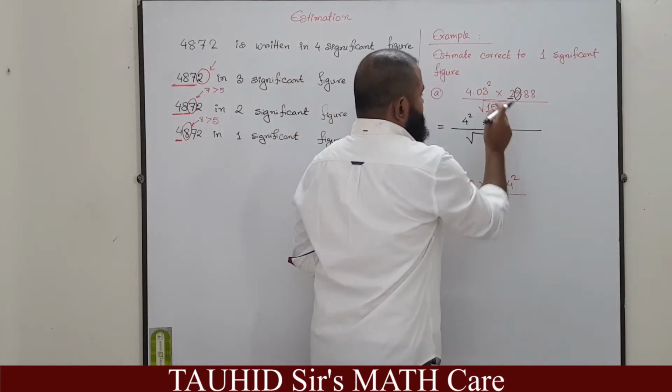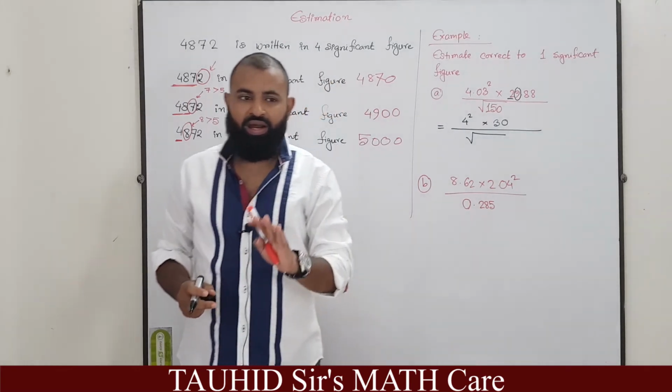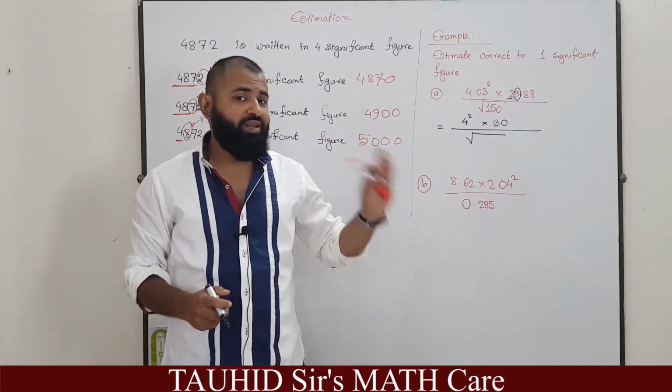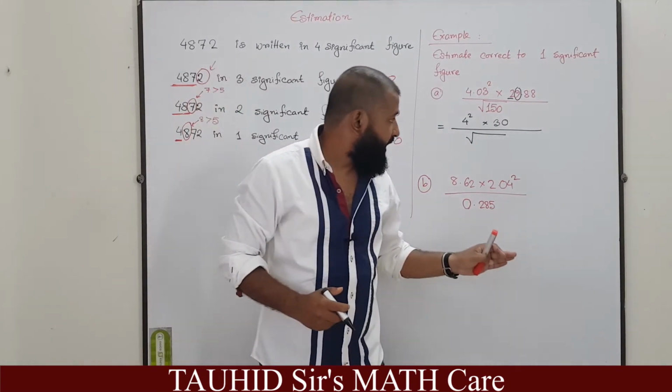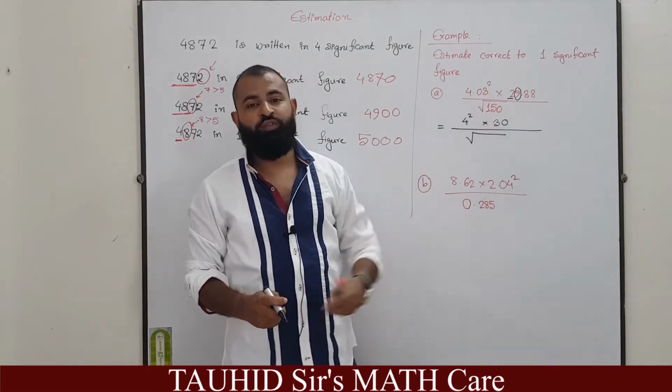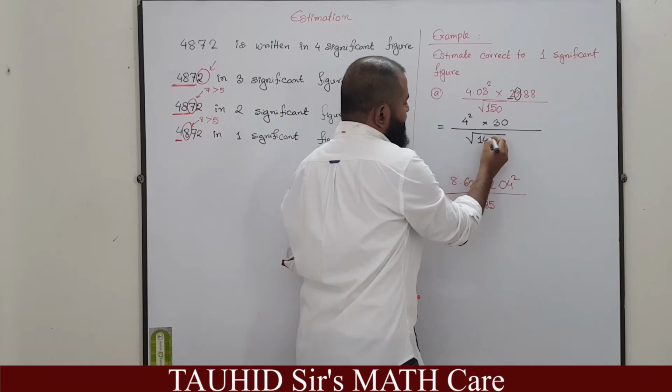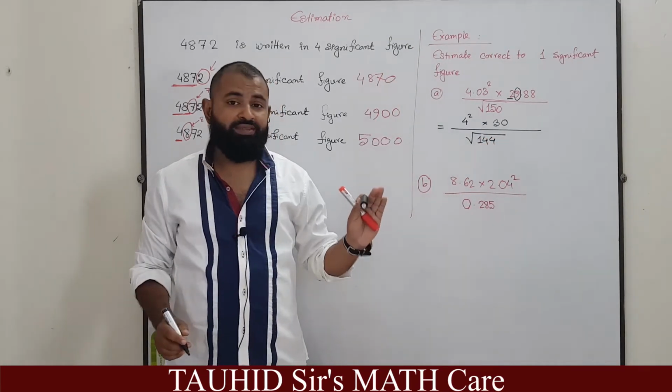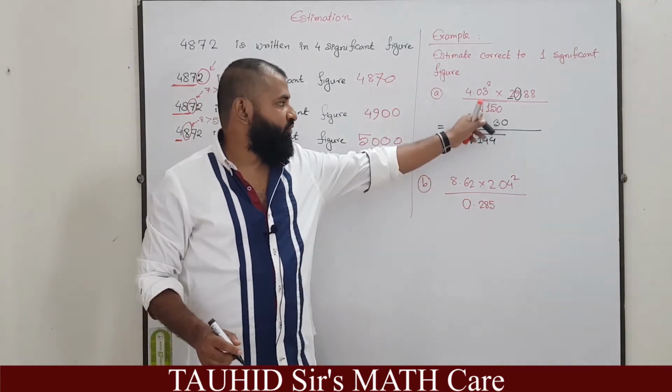And for 150, here we won't think about significant figures. We will think about which square number is nearest to 150. This is 144. 144 is the square number nearest to 150.